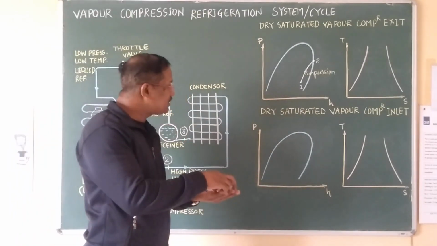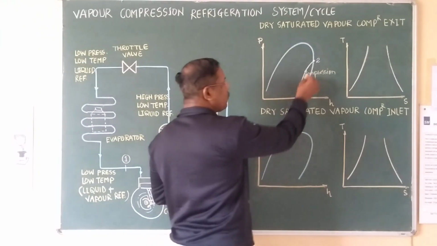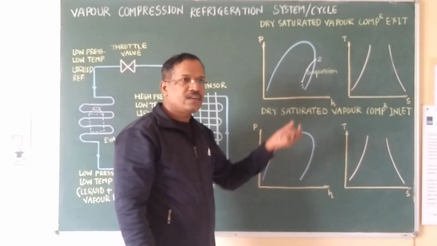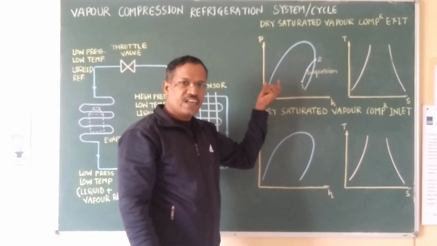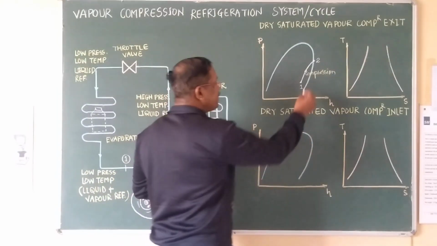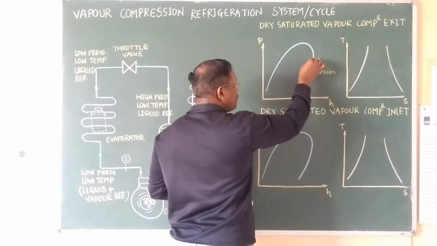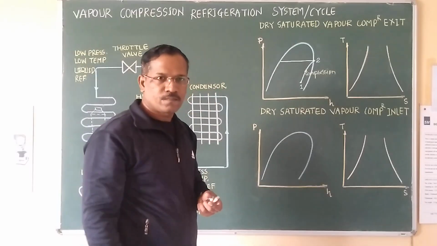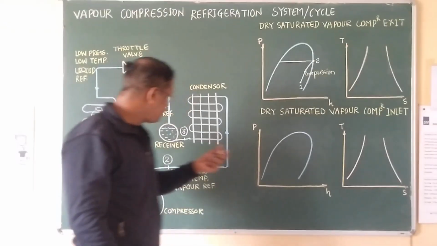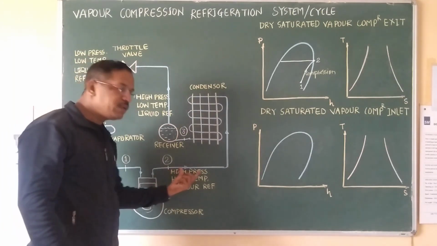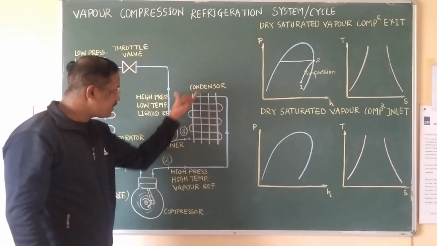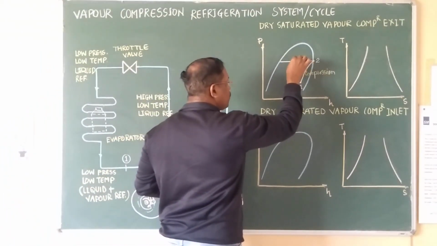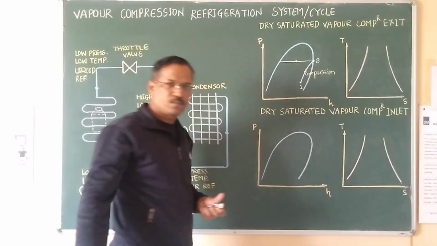So if after compression point 2 is dry saturated vapor, when heat is extracted, obviously it is latent heat, so temperature remains the same but the phase gets changed. And in pressure there is no impact. After condensation it is high pressure, so pressure remains the same, so it is a horizontal constant pressure process.